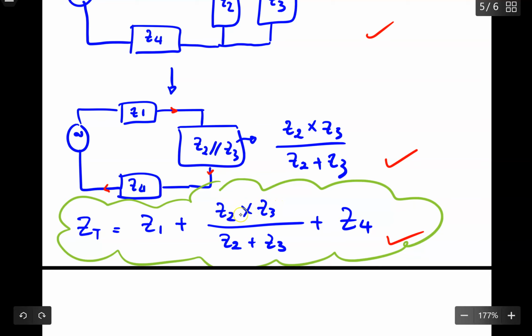Then just perform order of operations for complex numbers. Alright, thank you.